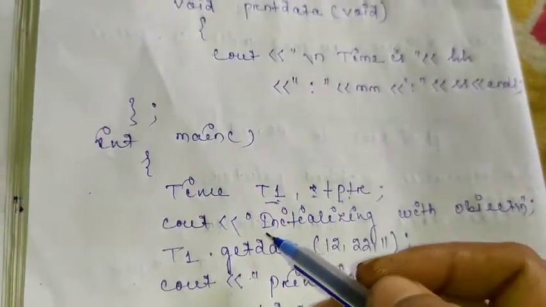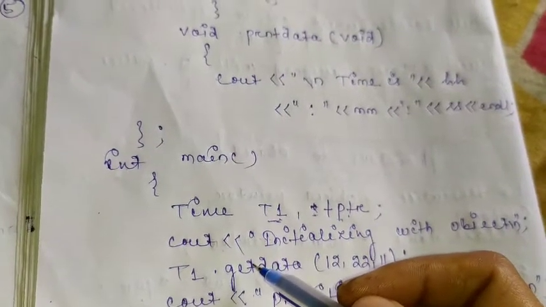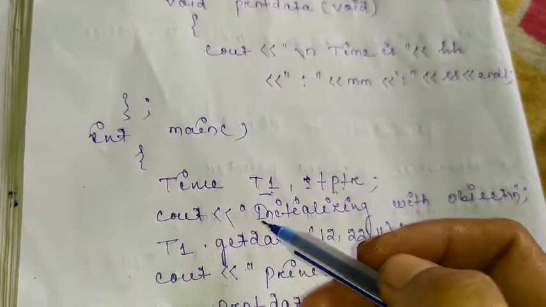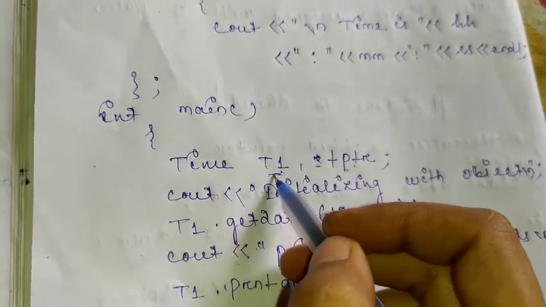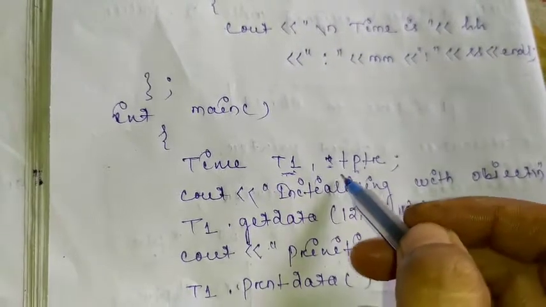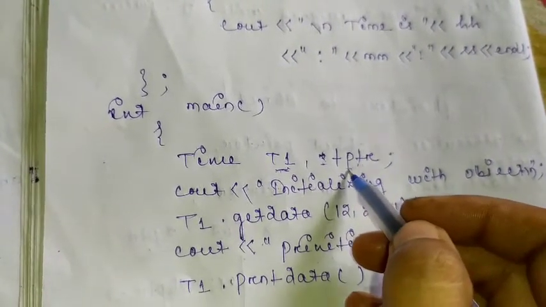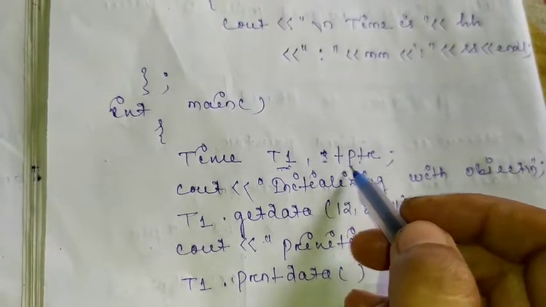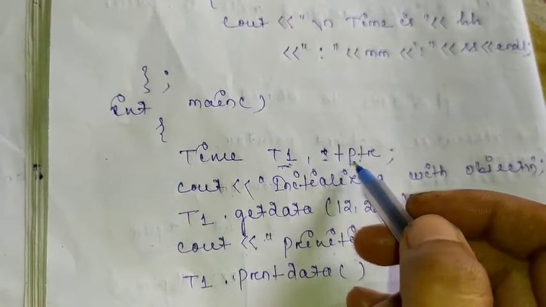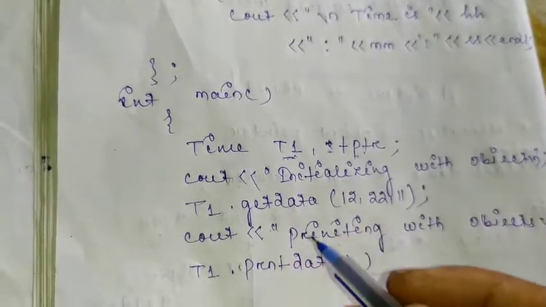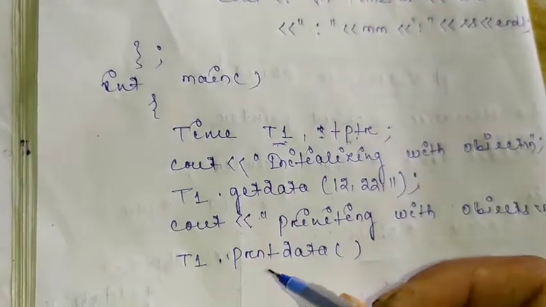First, we will initialize the hours, minutes and seconds by using this object, and see what will happen. Next we will initialize the same variables by using the pointer, through this object pointer, and see whether they will change or remain the same.